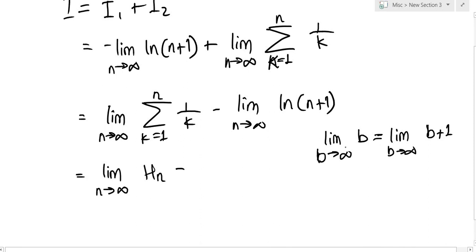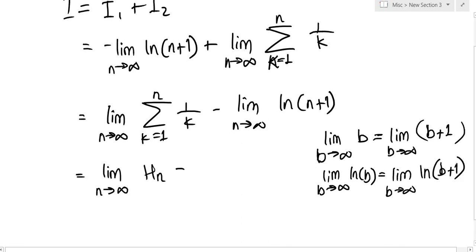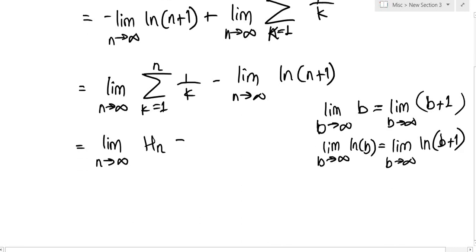So the natural log of the limit is the limit of the natural log, because they're continuous. So the limit as b approaches infinity of the natural log of b is the same thing as the limit as b approaches infinity of the natural log of b plus 1. So we can actually use this great fact to say that this thing over here equals the limit as n approaches infinity of the natural log of n, right?